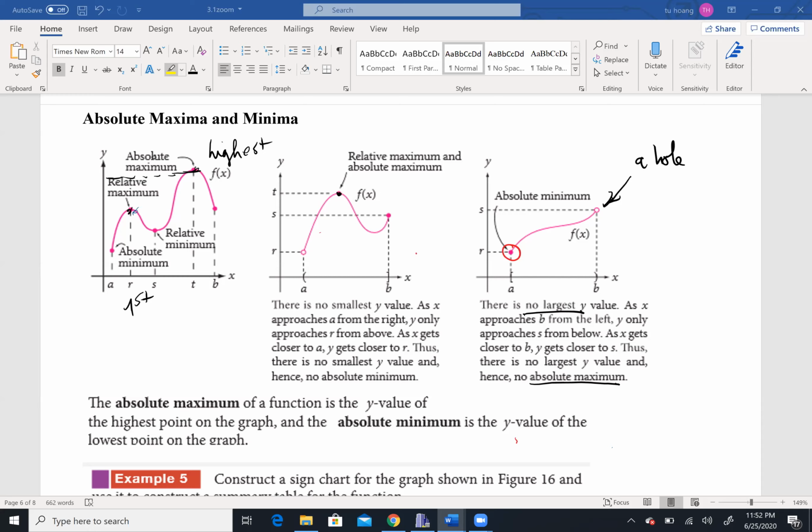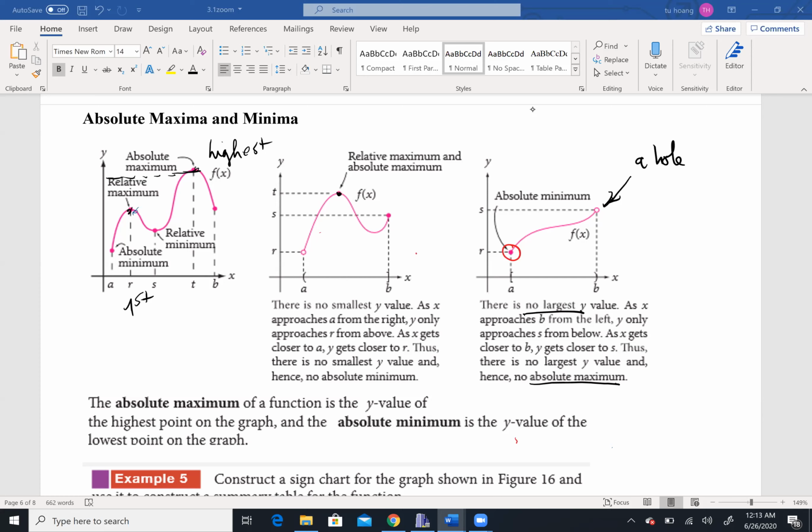Okay, so I'm going to talk about the absolute minimum, or absolute minima. For the absolute minimum, you find the lowest value of y on the graph. The absolute minimum could also be a relative minimum.